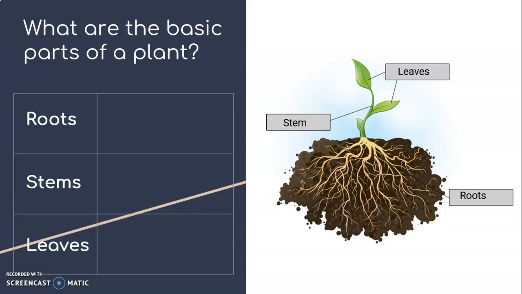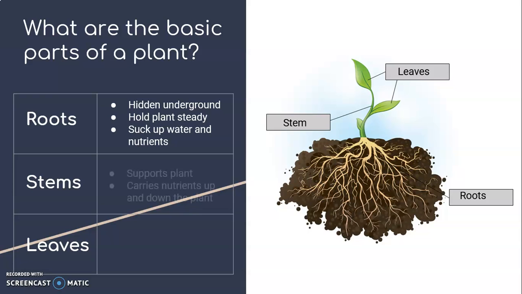So you look on the left and you will see a chart, and it'll say roots, stems, and leaves, and it'll show you here, it says that the roots are hidden underground, they hold the plant steady, and they suck up water and nutrients. So we just talked about that.